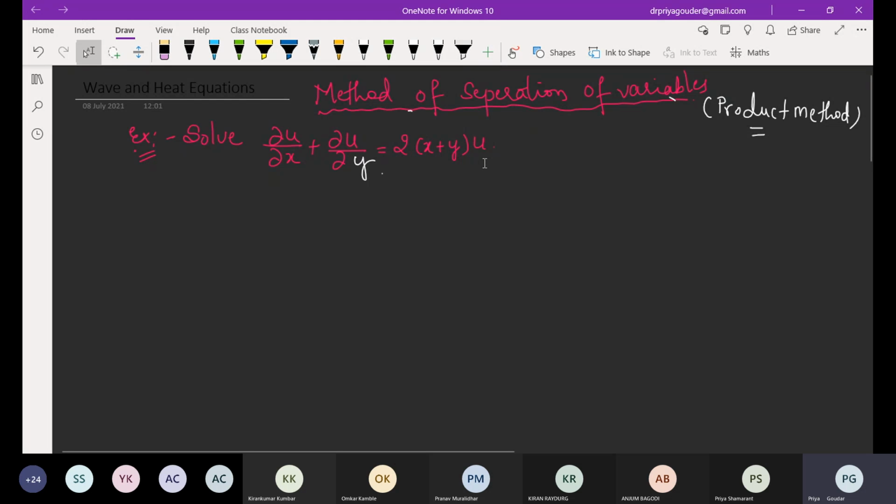Now understand the steps to be taken in this method. See here, it is dou u by dou x plus dou u by dou y equal to 2 into x plus y into u. Now this is a partial differential equation, no doubt in that. Tell me, which is the dependent variable?